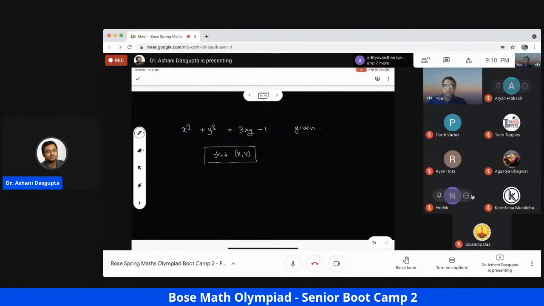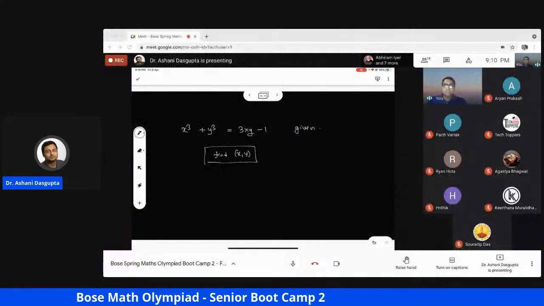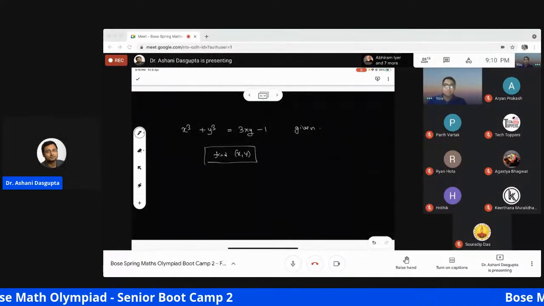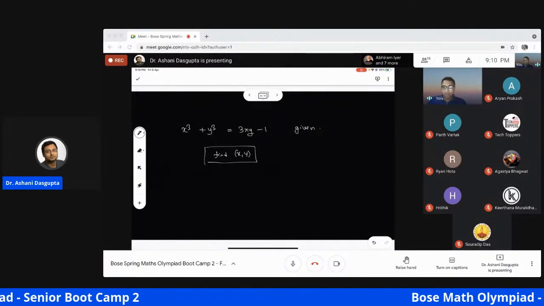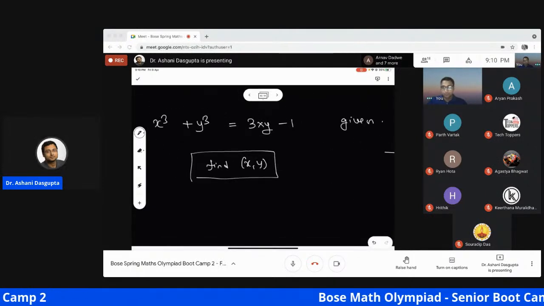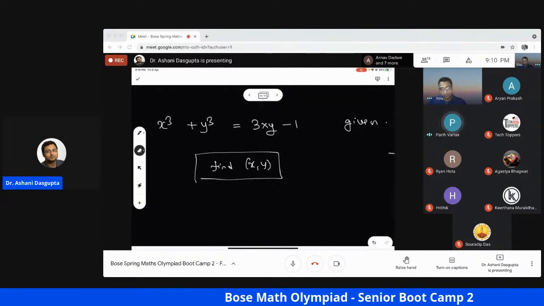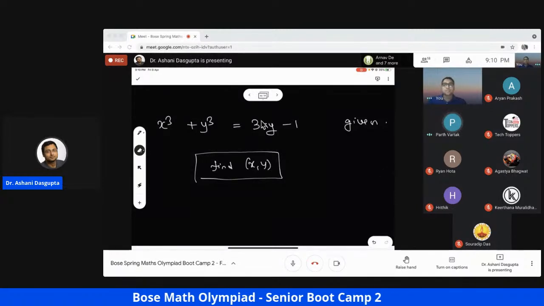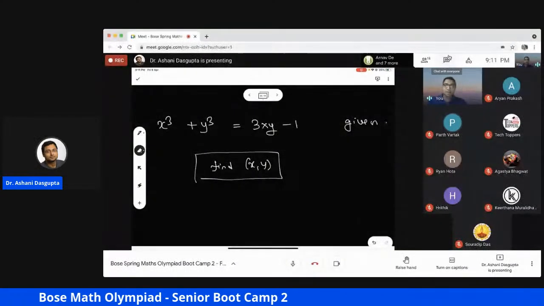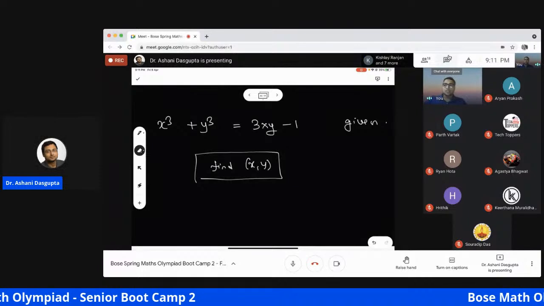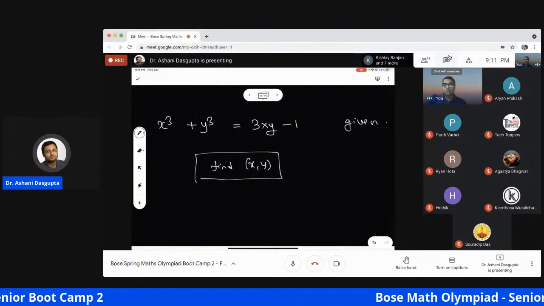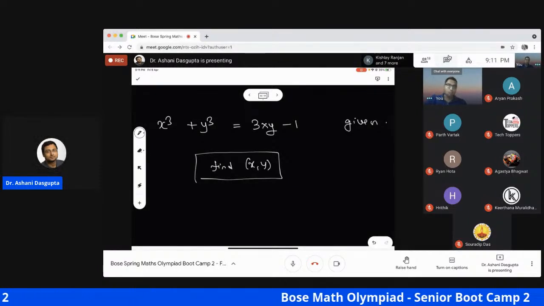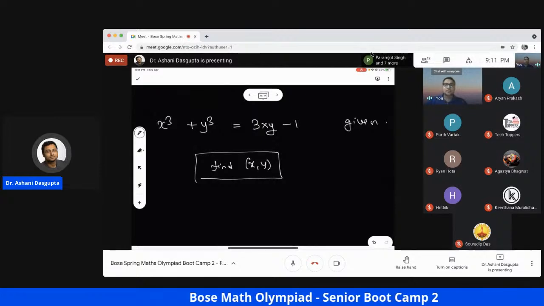So all of you give it a try. How many such pairs of numbers x comma y will satisfy this equation x cube plus y cube equal to 3xy minus 1? Think a little bit, everyone.